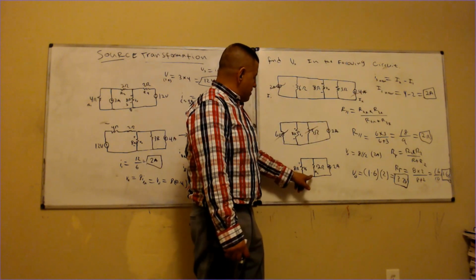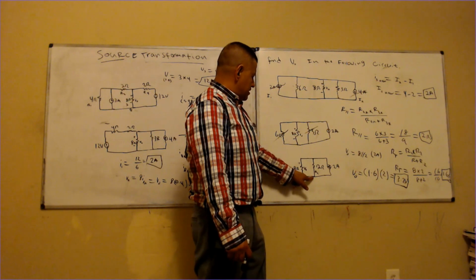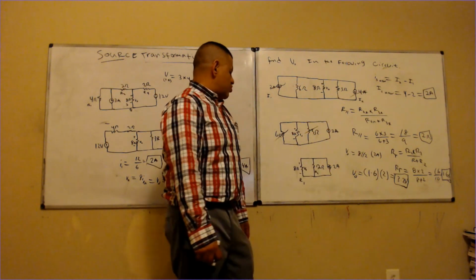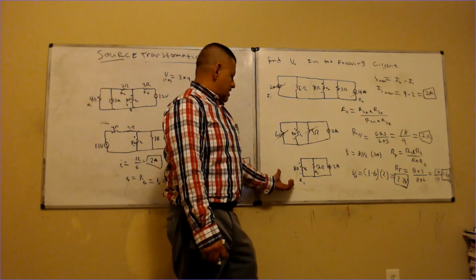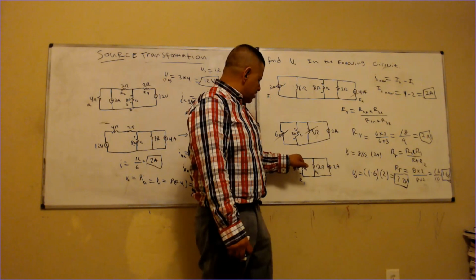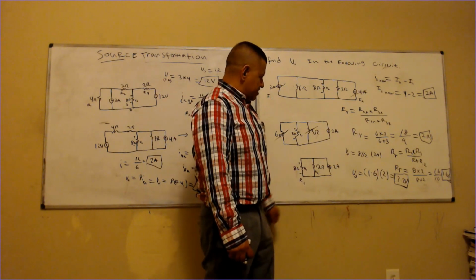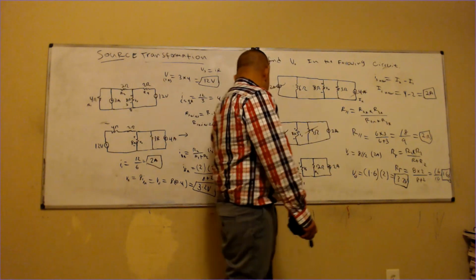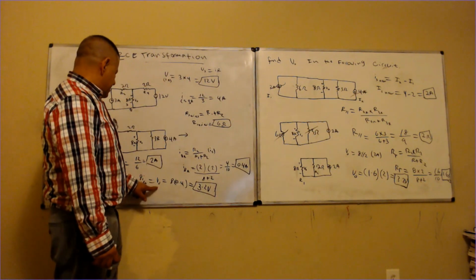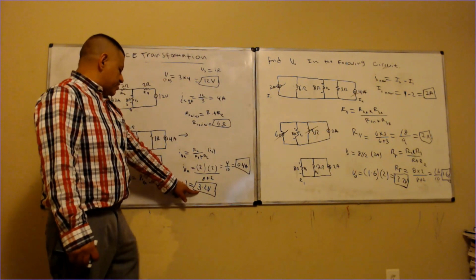Then we made it a parallel circuit with the 2 amps, and found that the voltage across this 8 ohm resistor is 3.2 volts.